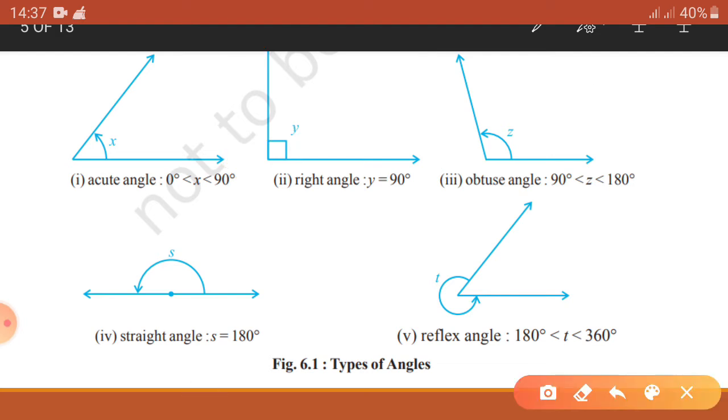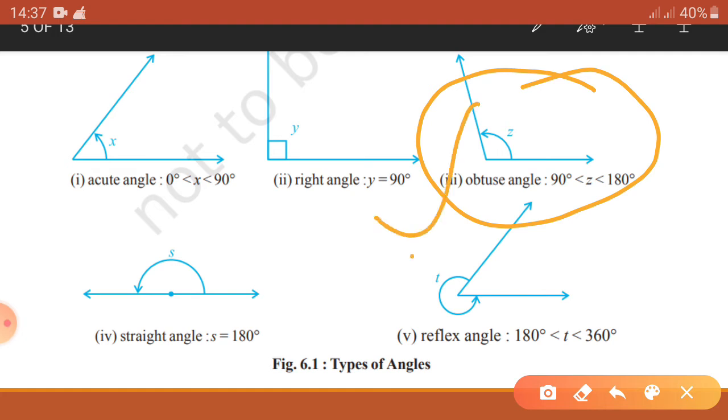Next angle is obtuse angle. When the value of angle is in between 90 degree and 180 degree, that means when the angle is greater than 90 but less than 180 degree, then the angle is known as the obtuse angle.